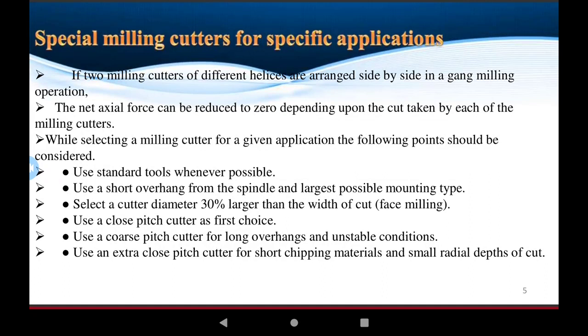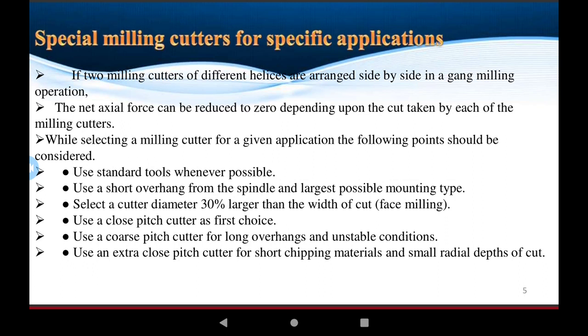While selecting a milling cutter for a given application, the following points should be considered.